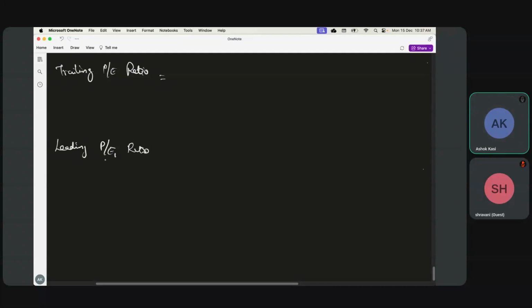Leading is also called forward. Then the forward PE ratio. This trailing PE, or I can say historical PE ratio.